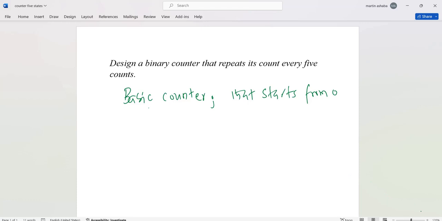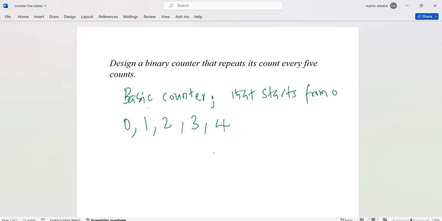So from 0, you go to 1, you go to 2, you go to 3, you go to 4. Since we are looking at 5 counts, this is going to be 0, 1, 2, 3, 4. So it will be 1, 2, 3, 4, 5. So it will stop at 5.